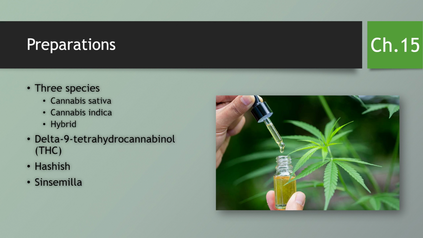We also have sinsemilla, which is a method used to grow more potent marijuana, where stronger strains are selected and then bred together to create more and more of that potency in the resulting offspring plants. So that's how that works.